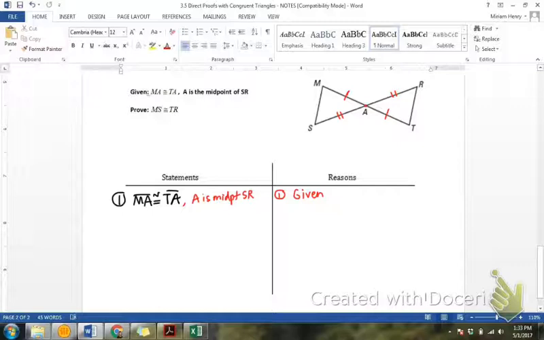No. Okay, so that's going to be step number 2 or 3. It doesn't matter. So I'm going to say SA is congruent to AR. But why do I know this is true? Did anybody look back on page 30? Carla? Definition of midpoint. Good. Definition of midpoint.